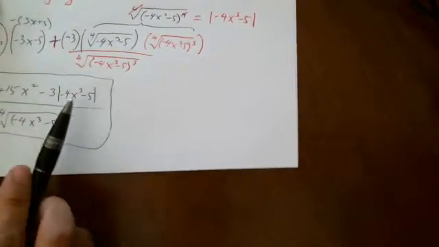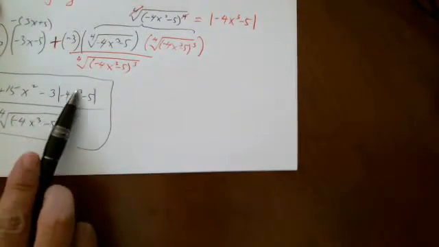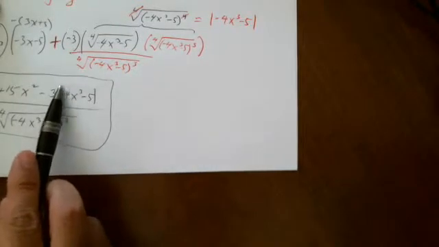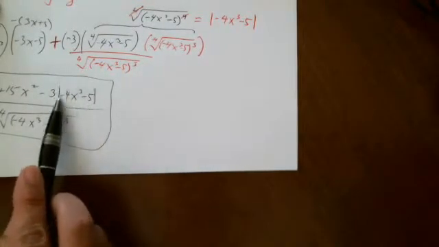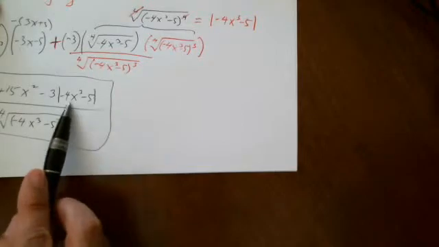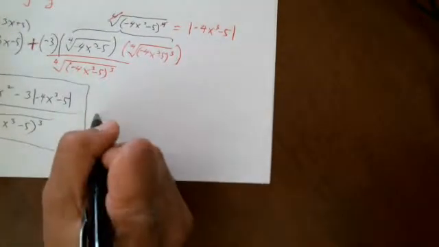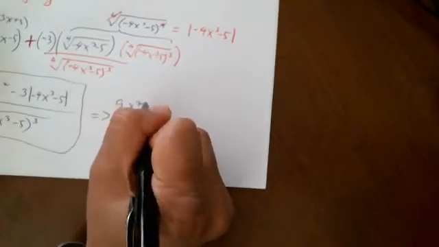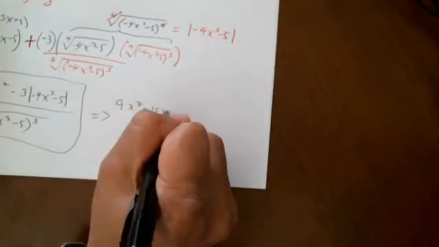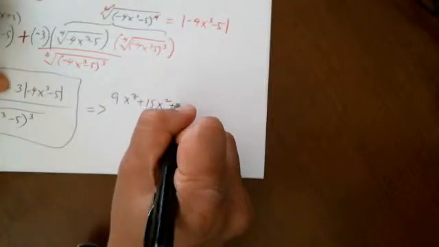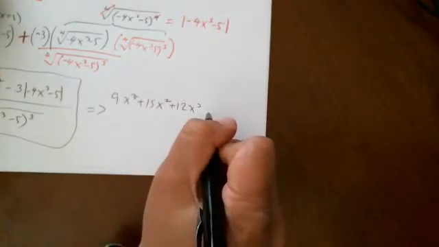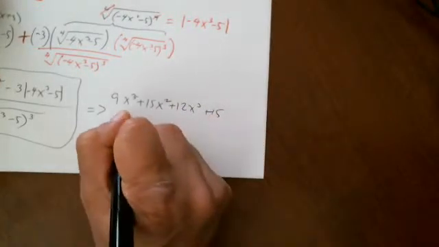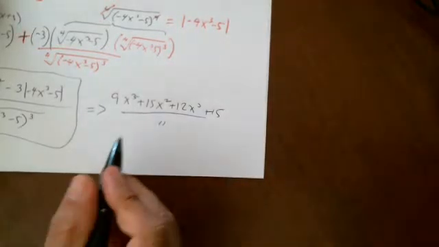What happened is the teacher decided that that's not going to be the absolute value. We already are assuming that this is going to be a positive portion. Then we go a little bit differently, which is 9x cubed plus 15x squared plus 12x cubed plus 15 all over whatever that was.